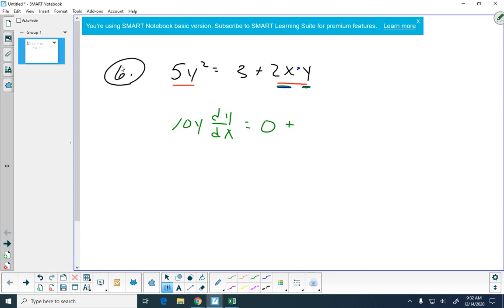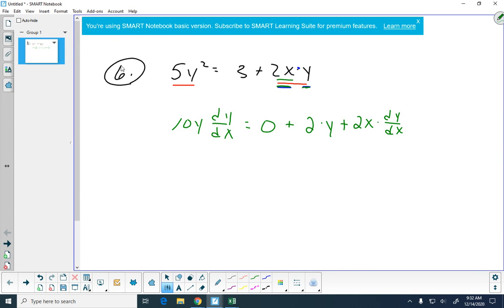What's the derivative of the first? 2. 2 times y plus, then what? 2x plus dy over dx. Okay, that's multiplied by dy dx, not times.